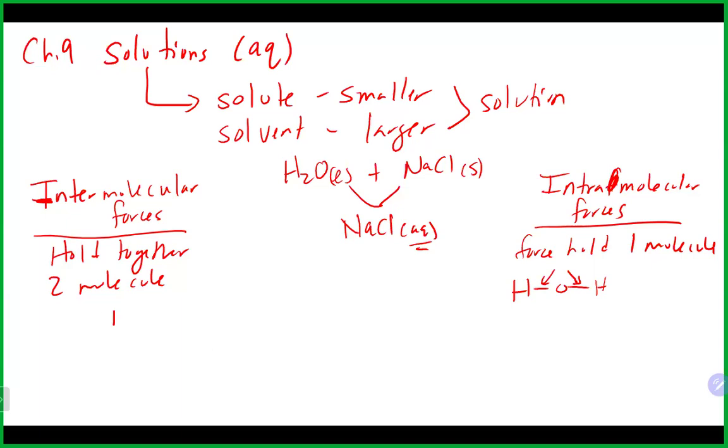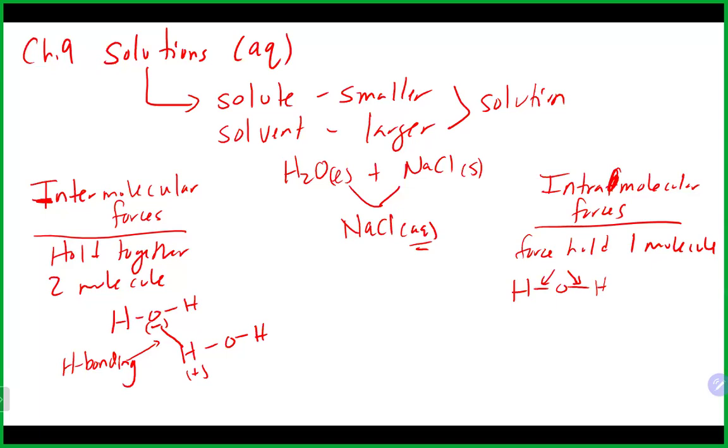Intermolecular forces are the forces that hold, for example, this water molecule together with another entire water molecule. And as we talked about, water is polar, the oxygen is more negative, the hydrogen is more positive. So these are held together by an intermolecular force, which, as we talked about last time, is hydrogen bonding. And hydrogen bonding is a relatively strong intermolecular force.